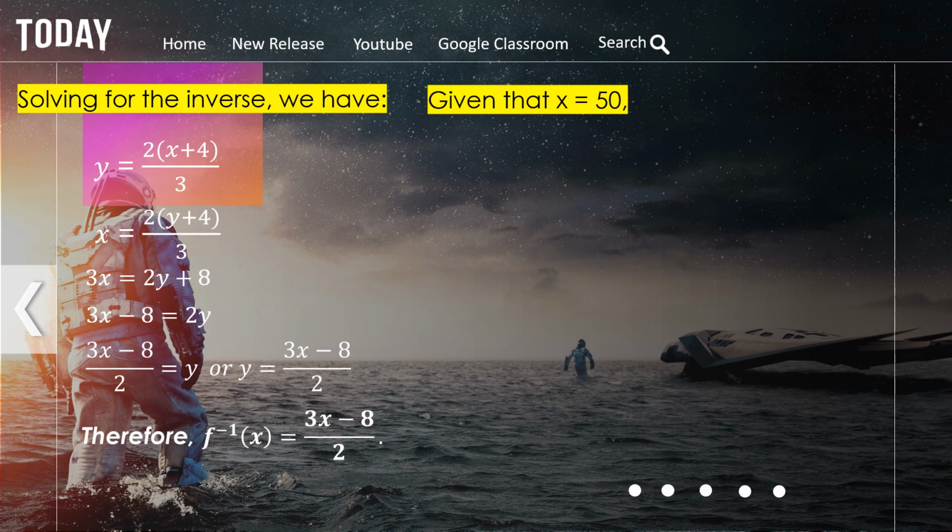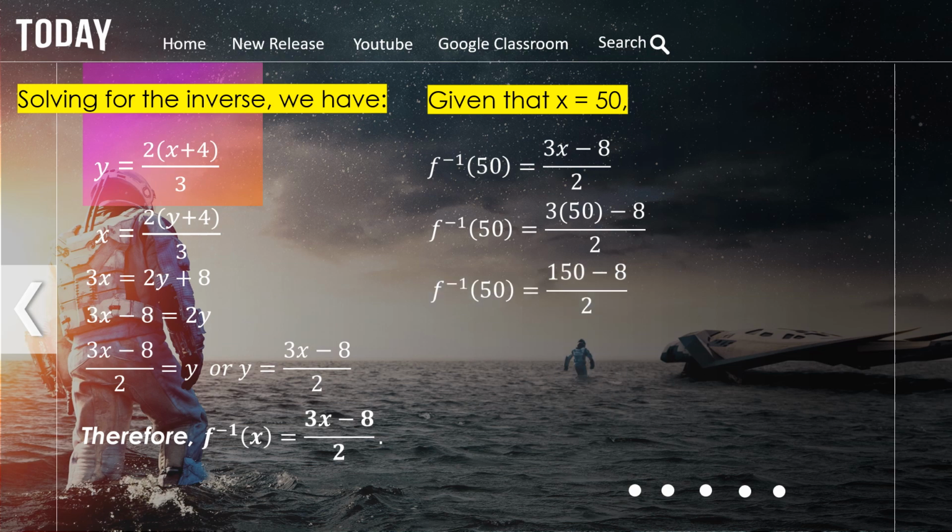In the given problem, x is equal to 50. So we need to input that value to our inverse function, (3x minus 8) over 2. We have (3 times 50 minus 8) over 2.